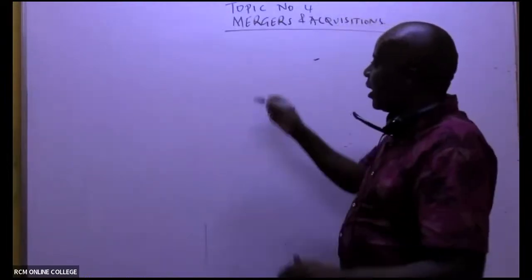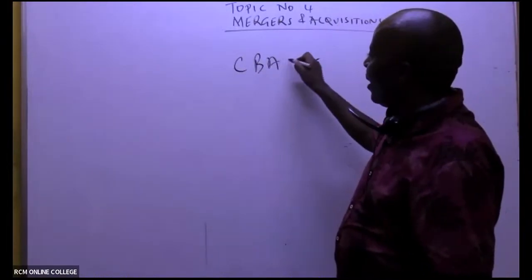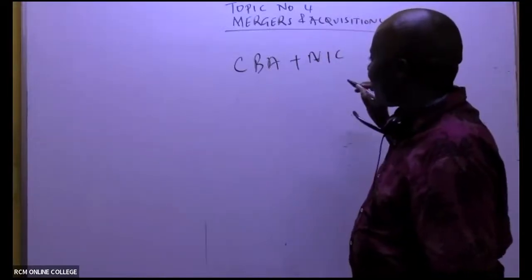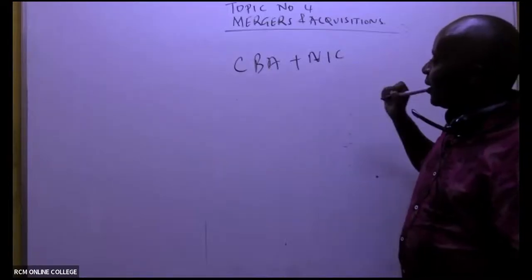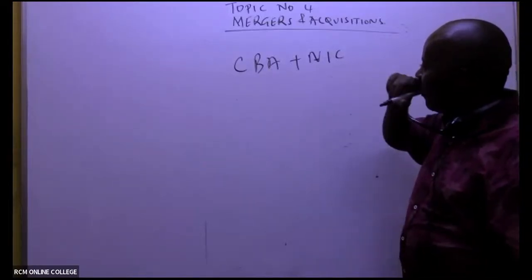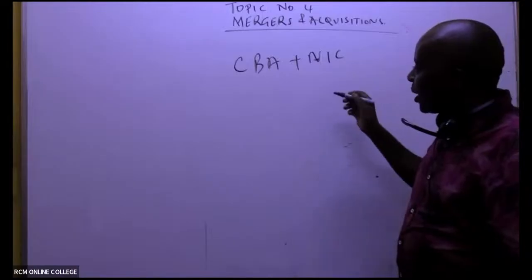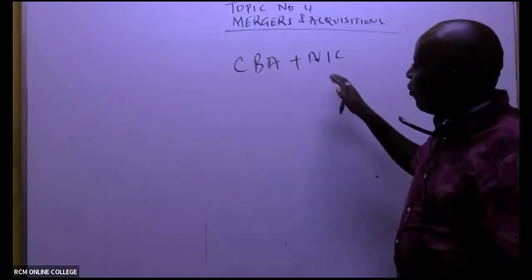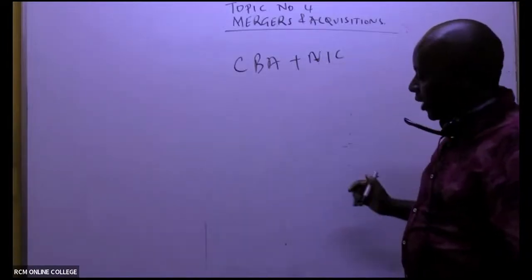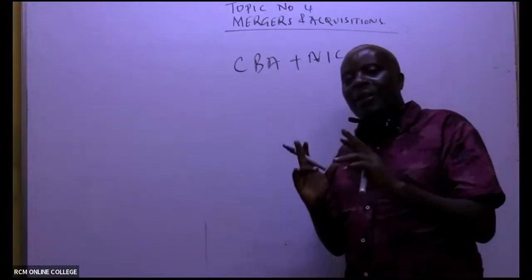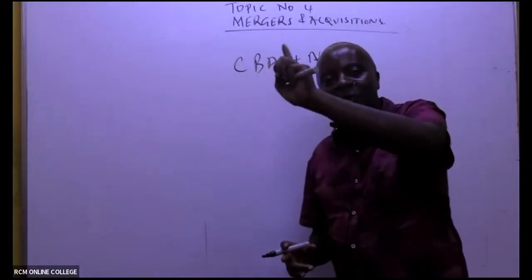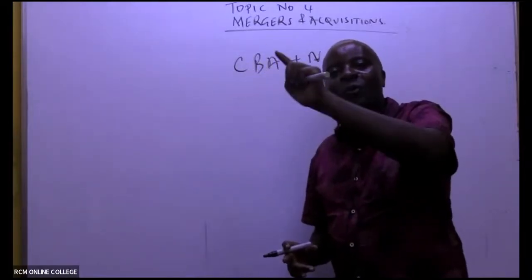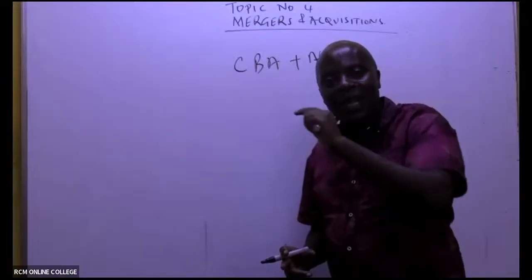We have CBA, we have NIC. When they took over, one thing that these guys forgot in terms of integration is that they never moved and mixed staff. They still kept the NIC branches like the one along Arambe, where you'll find the old staff who used to be NIC staff still there.